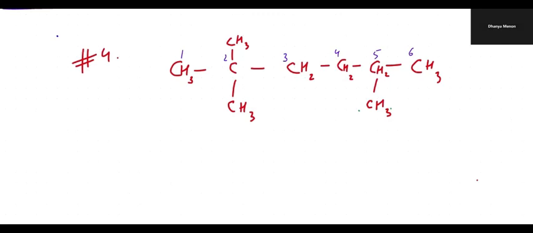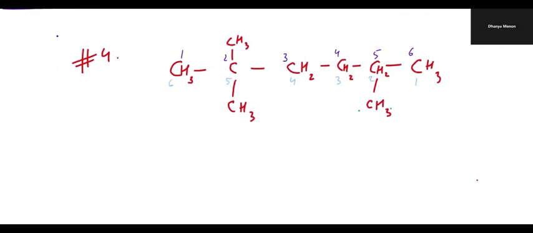Then again, I can also number it from here, 1, 2, 3, choose another color. 1, 2, 3, 4, 5, 6. So in either way, I'm getting the longest chain. Okay.